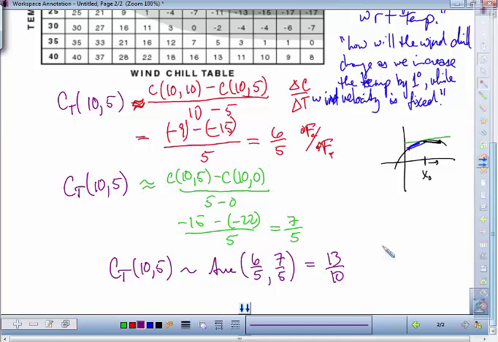Okay. So this would be a way for us to get some idea of how we can estimate the derivative using numerical values from a table. If we're given a table and we don't have the actual functions, we can't just take derivatives, then we can do these approximations.